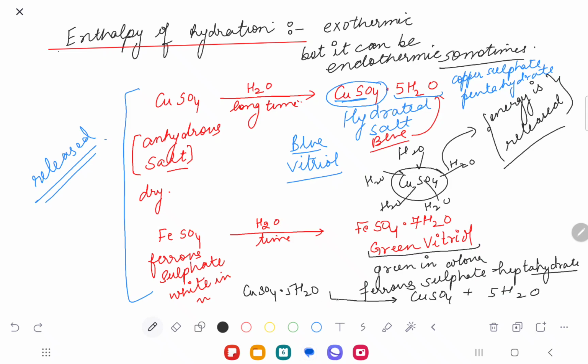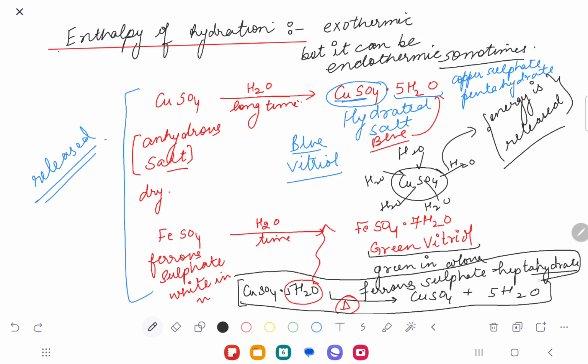So you can understand that I will have to provide it heat, because only then that attached water will be evaporated. By providing heat only, this attached water shall be evaporated, isn't it? So that is the concept. Are you understanding my point or not?